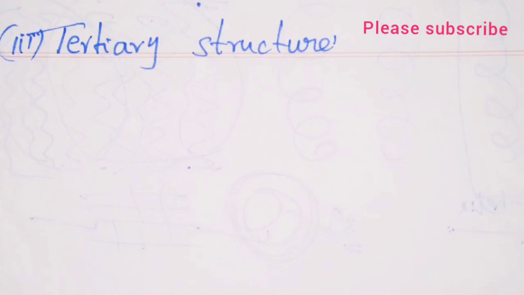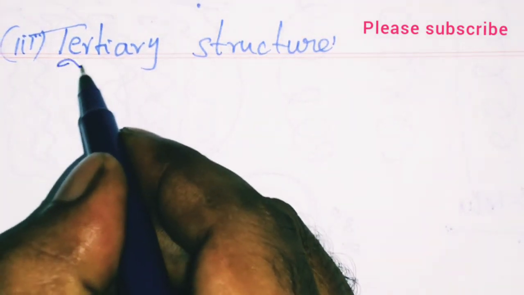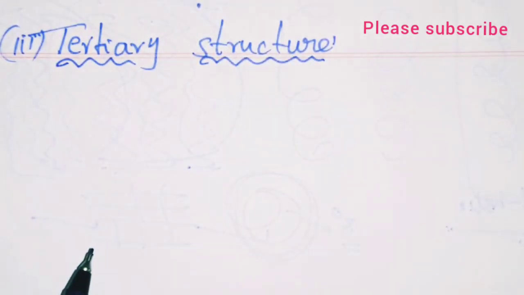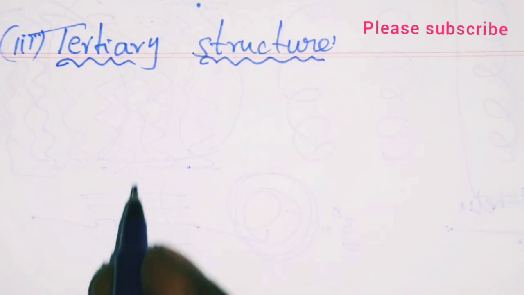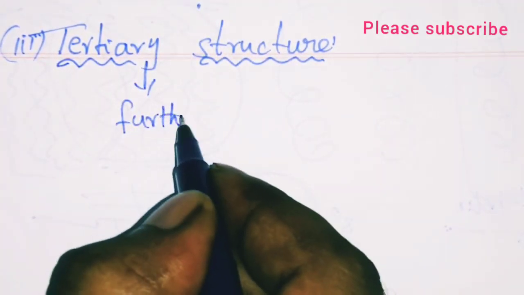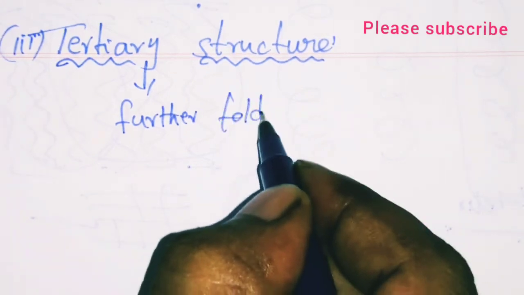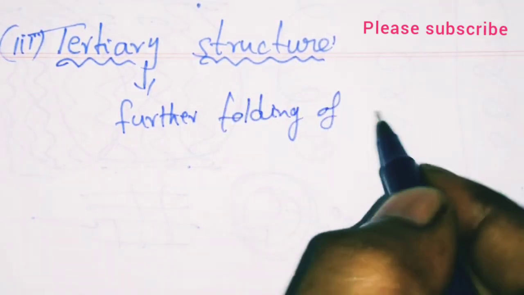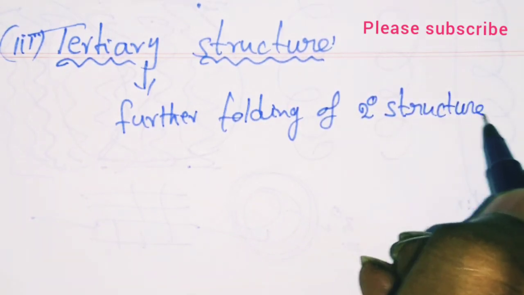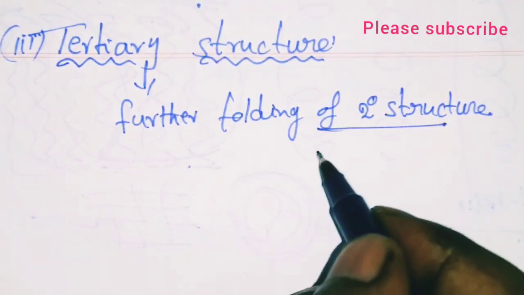Okay, now we will discuss the tertiary structure. But what is the tertiary structure? Actually, it represents the further folding of the secondary structure. Already we know in secondary structure two types of structures are there.